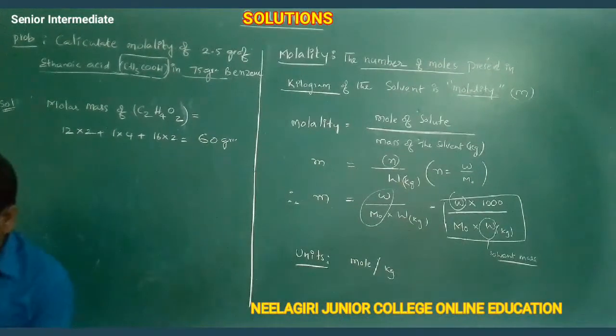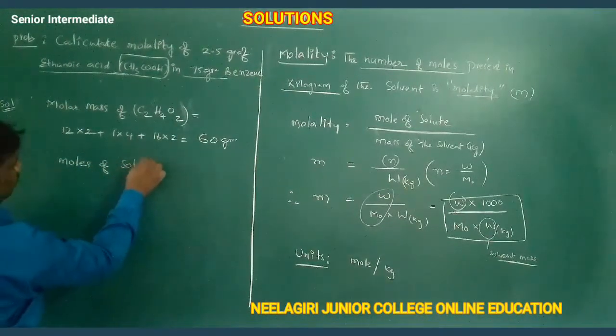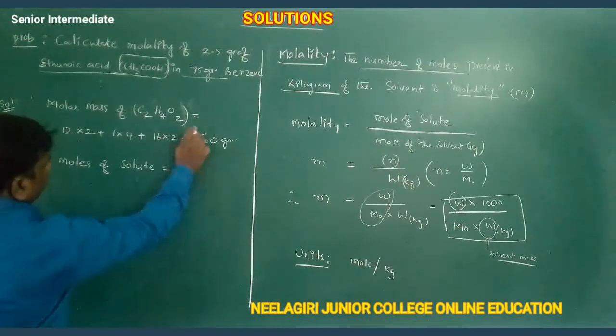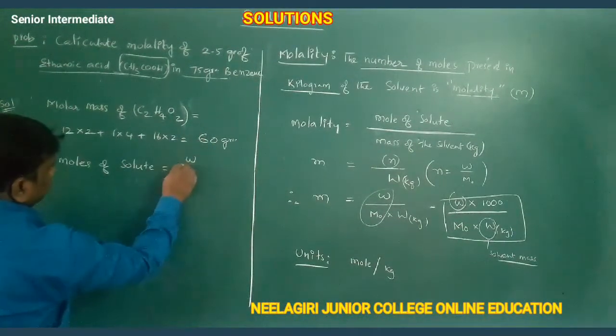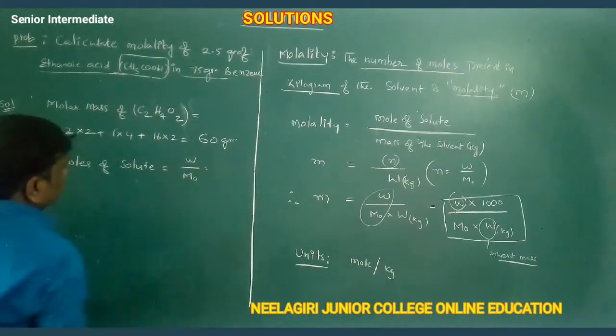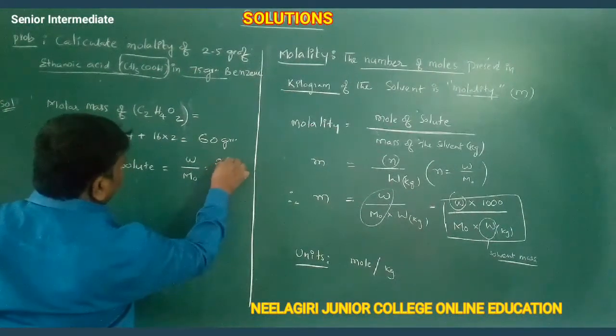60 grams. So then moles of solute you have to find. Moles of solute is equal to, what is the formula? Weight of the solute by molar mass of the solute. So that is equal to, what is the weight given here? 2.5 grams.